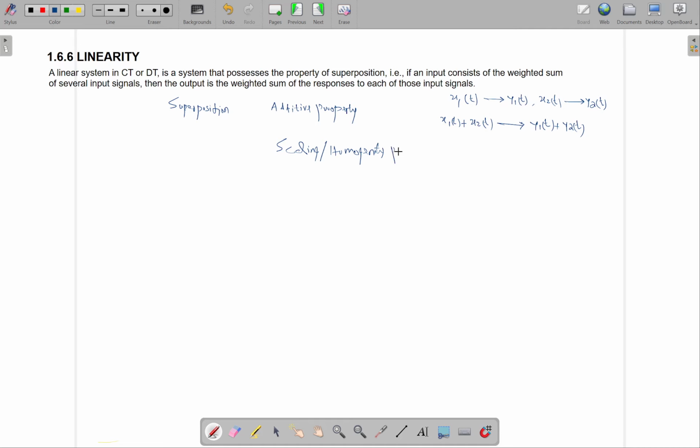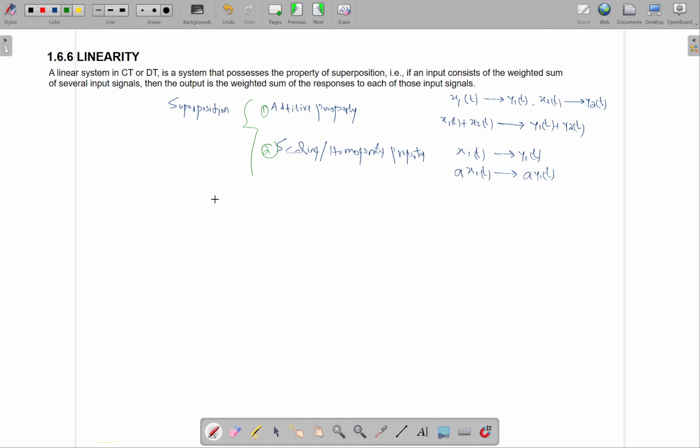The scaling or homogeneity property simply states that if for x1t the output is y1t, then multiplying your input with any constant, or scaling your input with any constant, is going to simply result in scaling of your output signal. So a linear system is going to satisfy both of these properties.